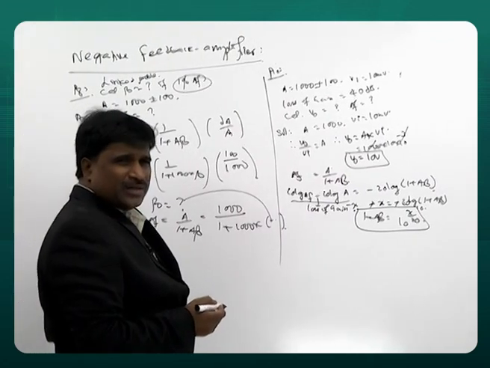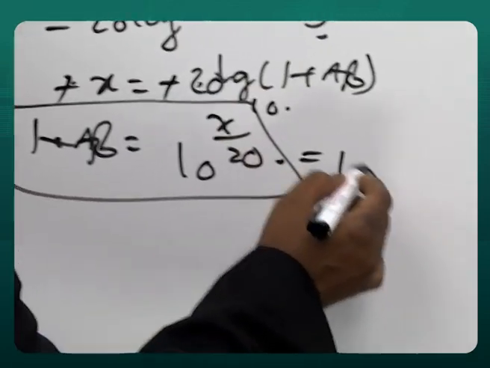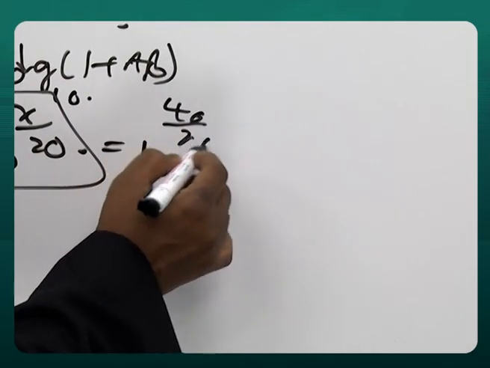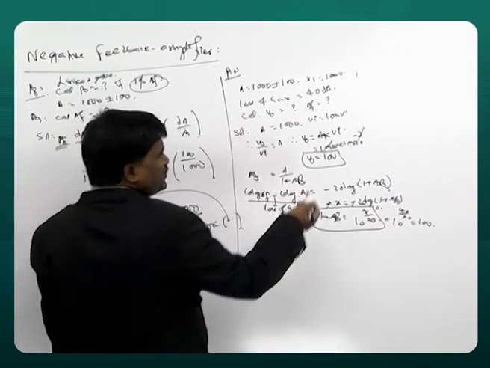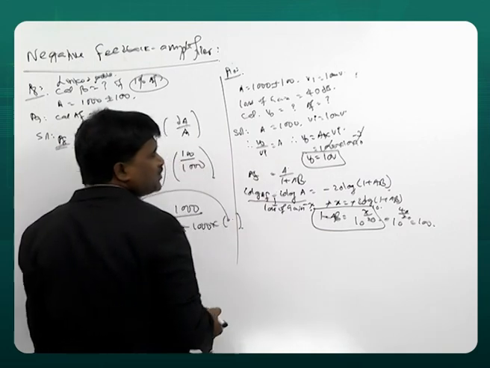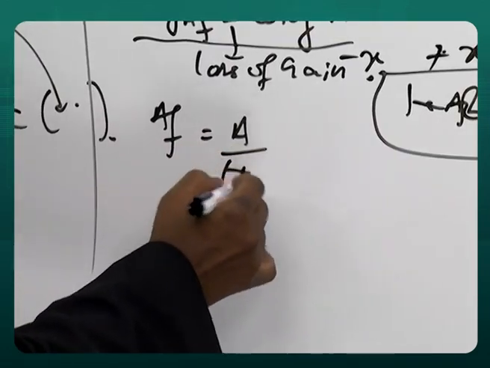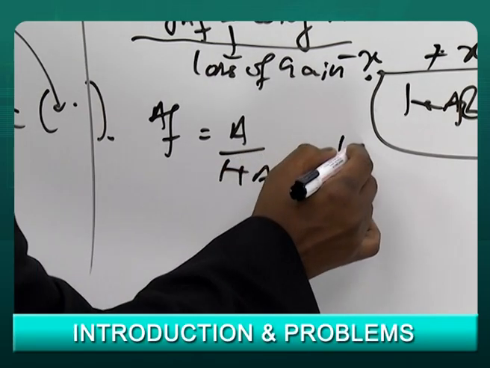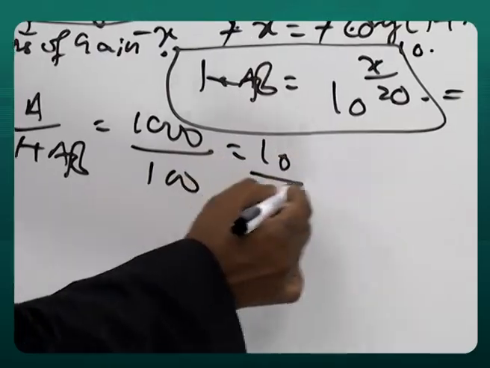So when they speak in terms of loss of gain, you must understand this, and in our example it has given as 40, therefore it is 100. X is 40, he said, 40 by 20 is 2, 10 power 2 is 100. Therefore AF, what is it? A by 1 plus A beta, 1000 by 100, AF is 10.